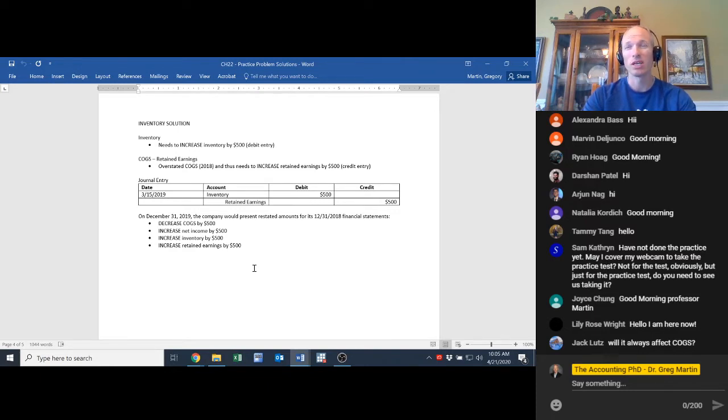It'd be like it never happened. And so in that case, I don't think there would be an effect on cost of goods sold because I didn't increase the account balance by the purchase. And so I think it'd be okay for cost of goods sold in that particular case.